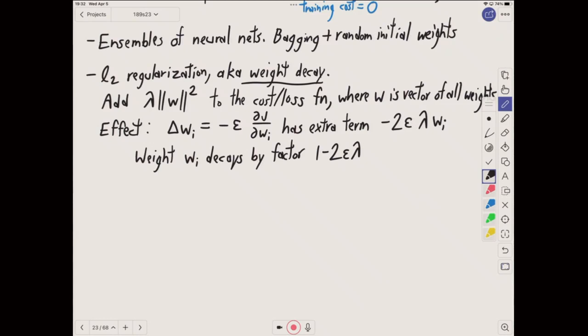The only thing that stops all the weights from going to 0 is the fact that you're still training on real examples. So this decay happens if not reinforced by training, but of course you will still be reinforcing by training. And that's why it's called weight decay.